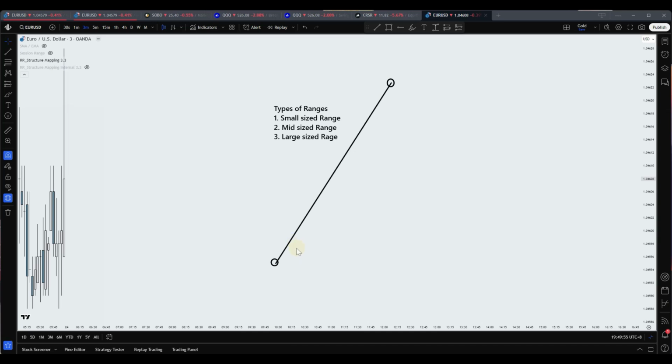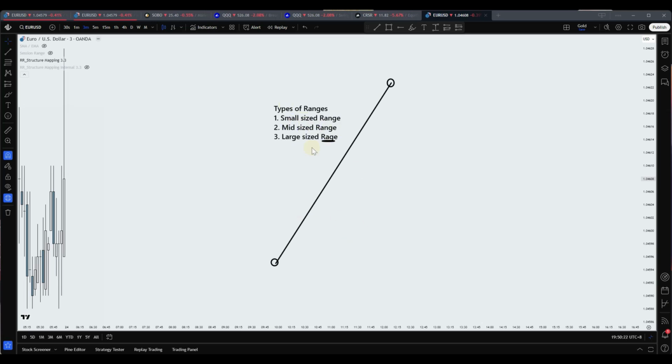Why is it important to understand these types of ranges? It is because when we have the large sized range, how do we need to treat this range? And if we have the small sized range, how do we need to treat it?